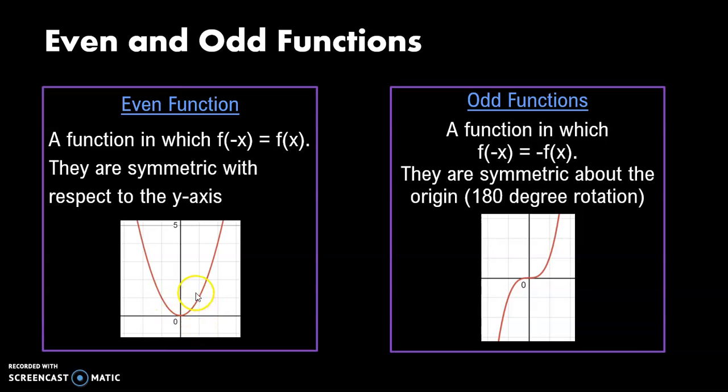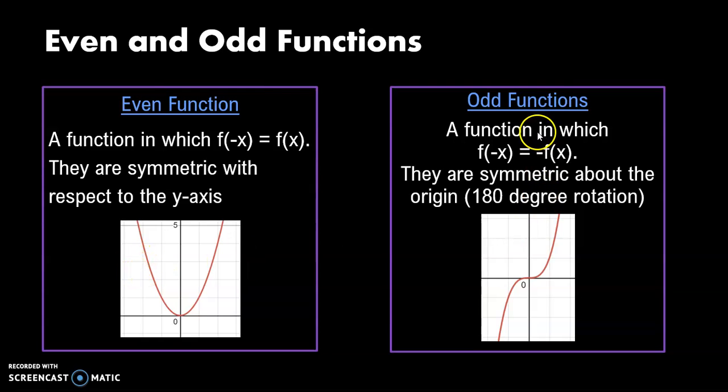If I put in +1, I still get +1. All of the negative values over here have equal results as their positive counterparts on this side, which means that it is symmetric over this y-axis, meaning anything over here is reflected straight across to this side.